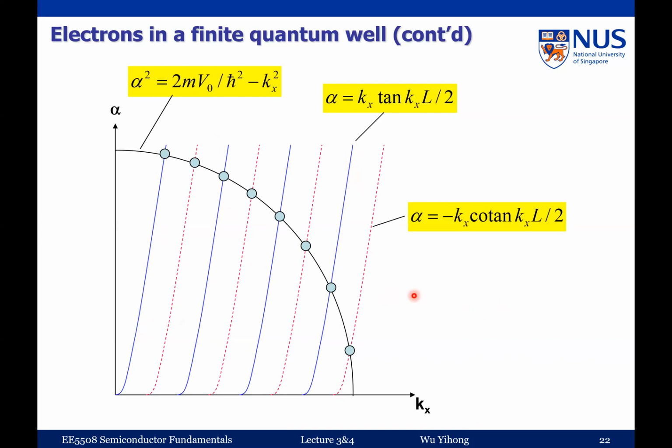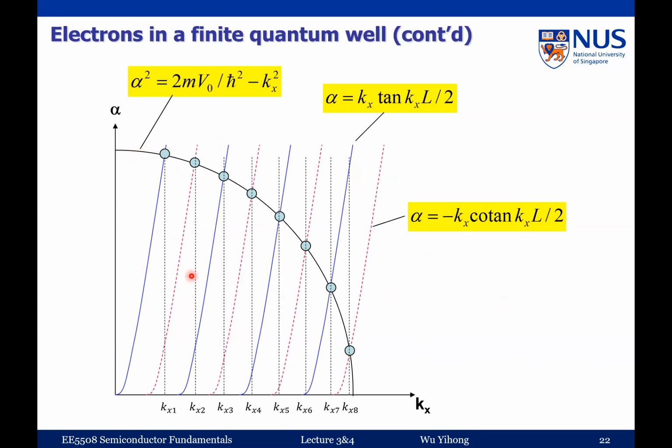And then of course, another set of equations is defined by all these dotted curves, right? So at each intersection between the blue curves and this circular curve, you have a corresponding value of kx.